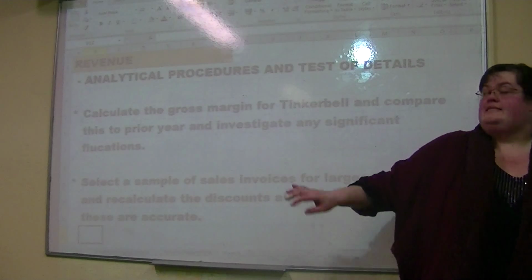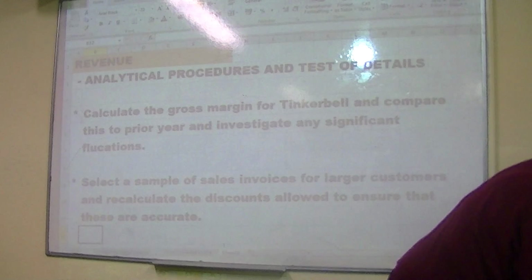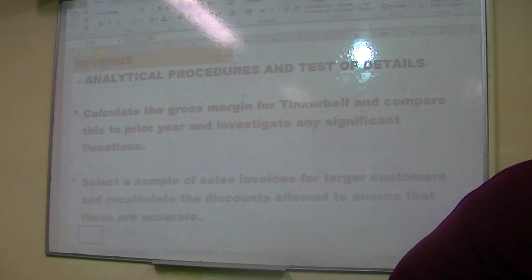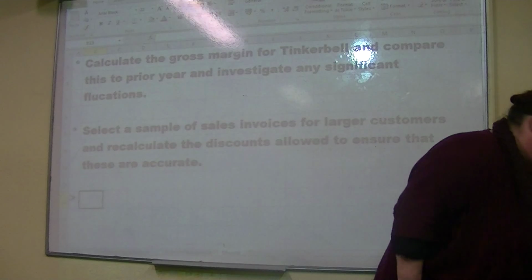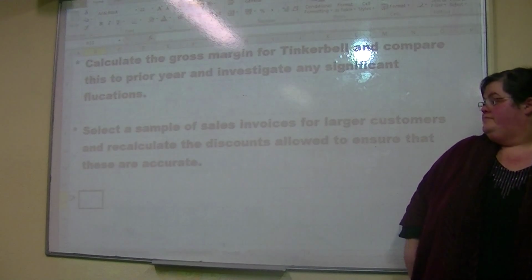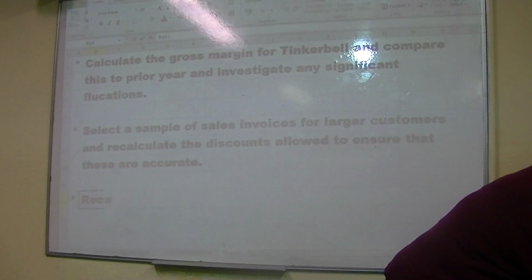Okay, and same thing, so it's a sample, okay, is important of sales invoices. Okay, we calculate the VAT element on a sample of sales invoices.